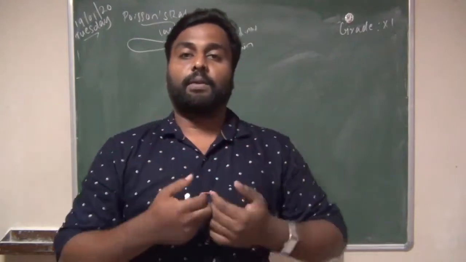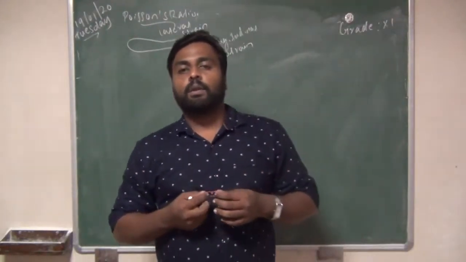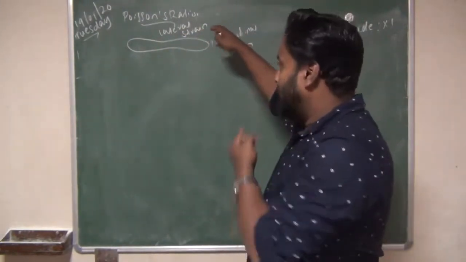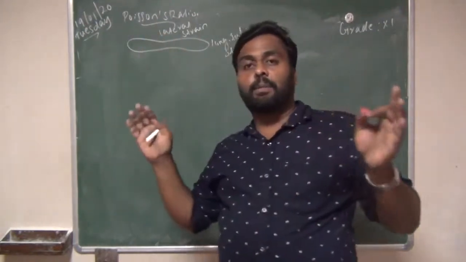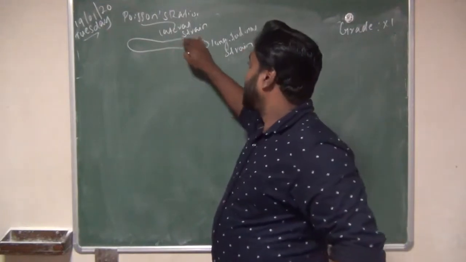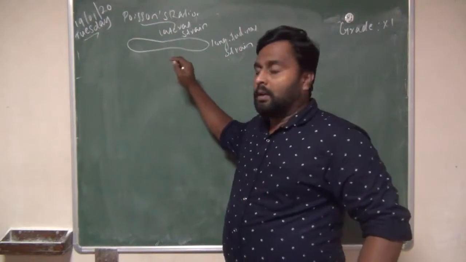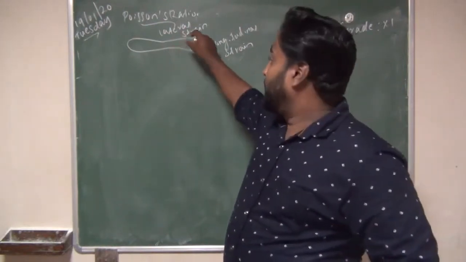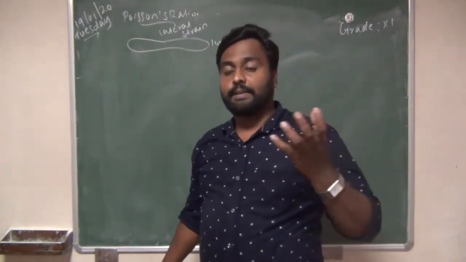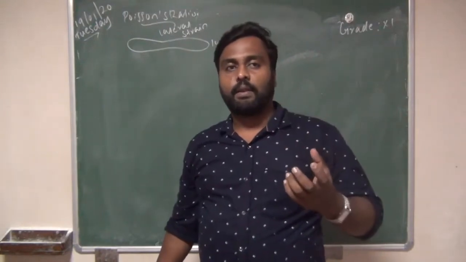When we get the rubber band, we just do it like this. Here a diagram is given. When we stretch the rubber band or wire, it will be like this. Its length will increase and its diameter will decrease. The diameter decreasing part, we can call lateral strain, or contraction.